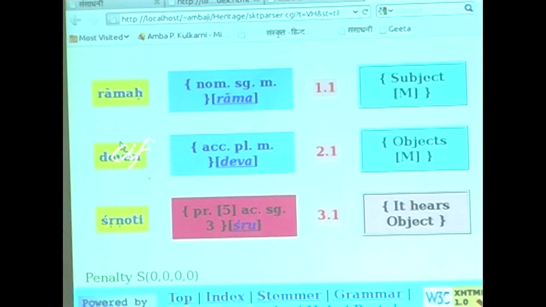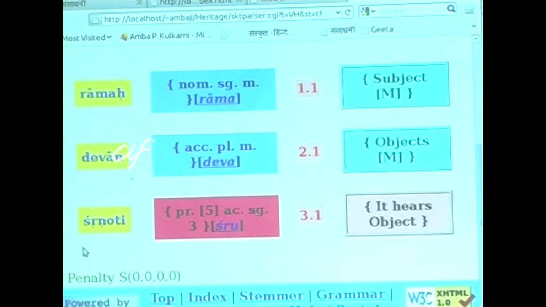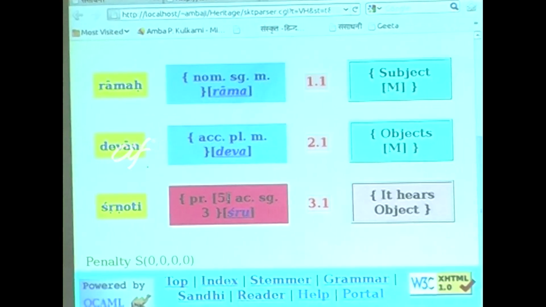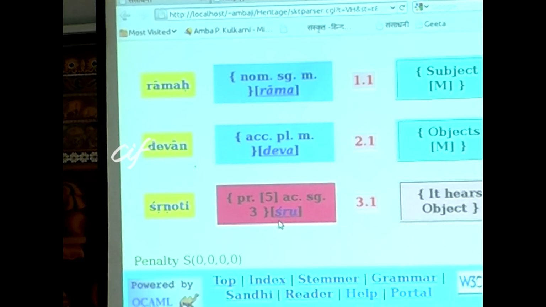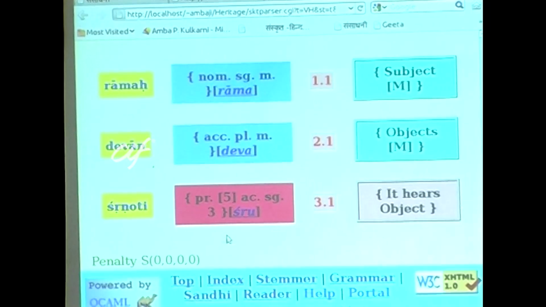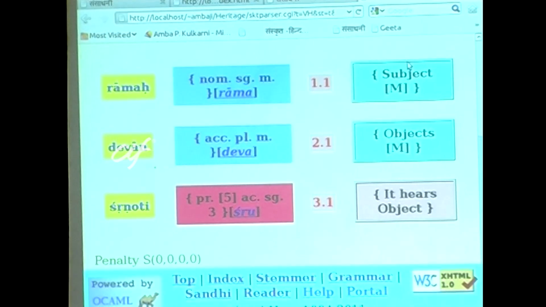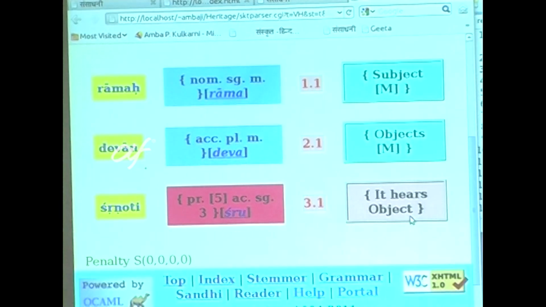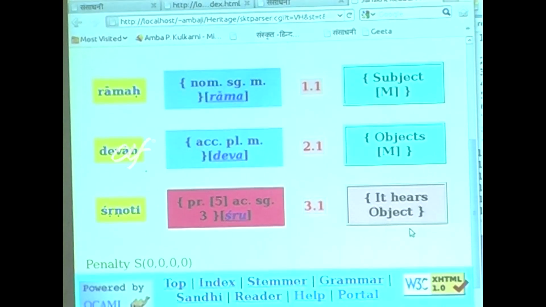See here in yellow have the various padas. Here in this middle column have the morphological analysis. And here have a more semantic analysis with some kind of English semi-translation.